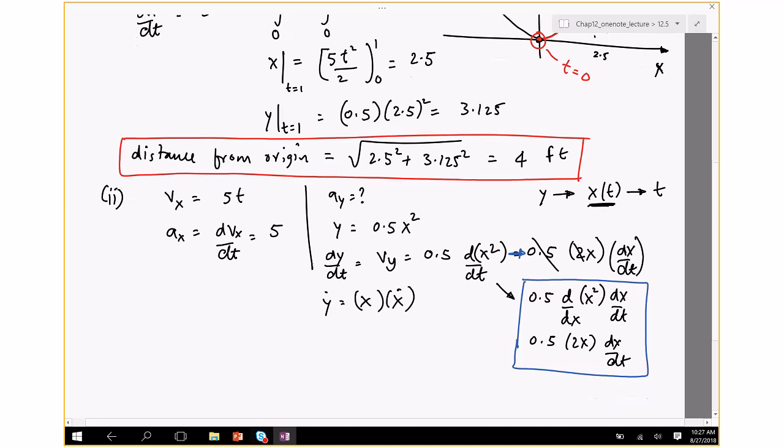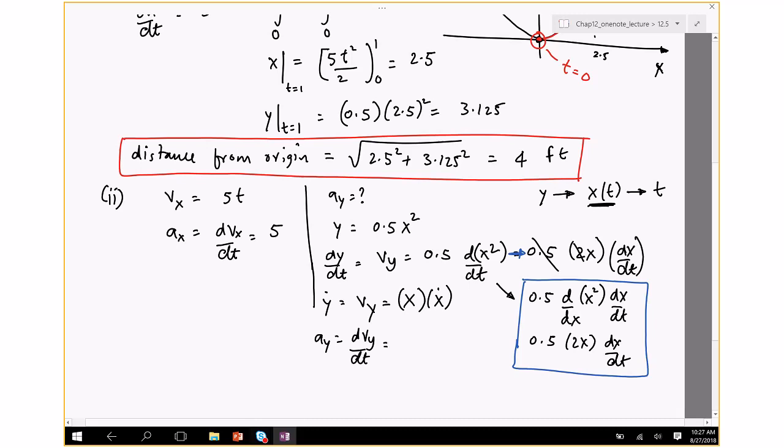But we are interested in ay. Ay is the second derivative of y, the derivative of y dot. So write this as vy equals x times x dot. Okay, so I need to find ay, which is dvy dt. I'm going to use the chain rule again now.